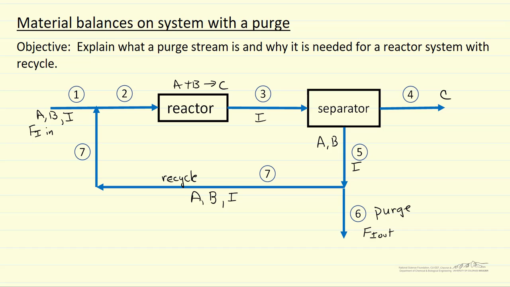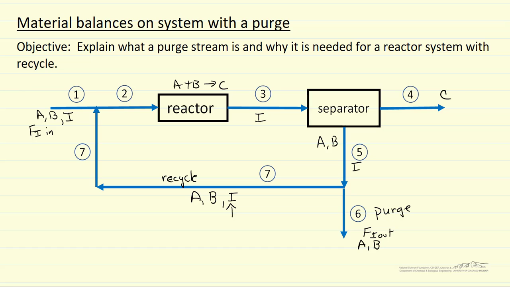The problem with a purge, of course, is we're also losing some of our reactants. So some A and some B leaves the system, not reacted, so that's costing us money. And so the trade-off: if the purge stream is large, we lose a lot of A and B. If it's small, then the concentration of the inert in our recycle stream is going to be large, and it'll start affecting the reactor because it's essentially lowering the concentrations of reactants, and the typical kinetics are that reaction rates are proportional to concentrations.